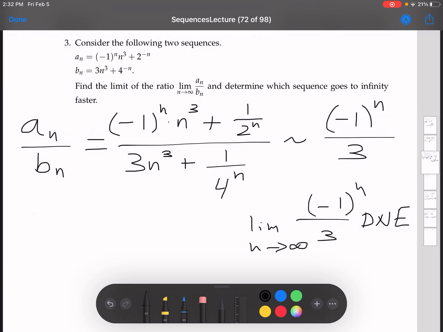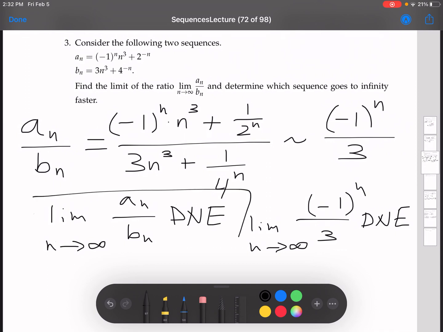That means that the limit as n approaches infinity of a_n over b_n does not exist. And as far as determining which sequence goes to infinity faster, that doesn't really even make sense, so we can't do that. This thing doesn't exist.